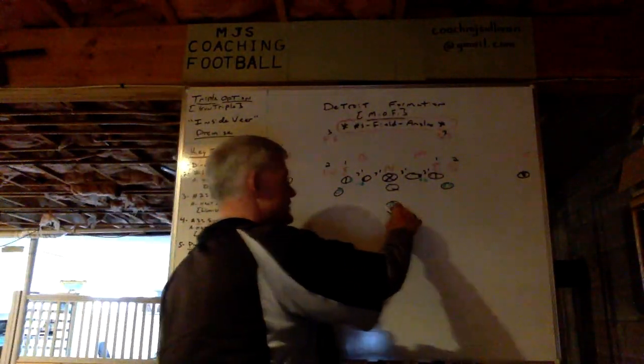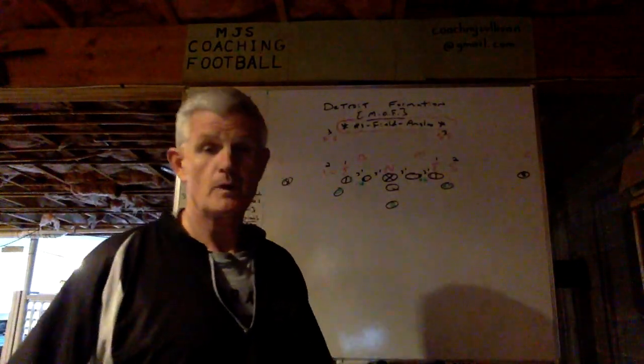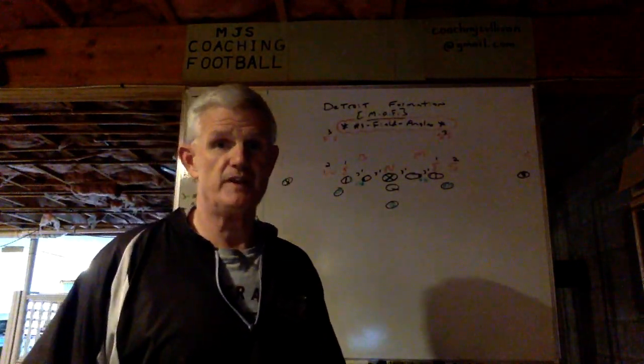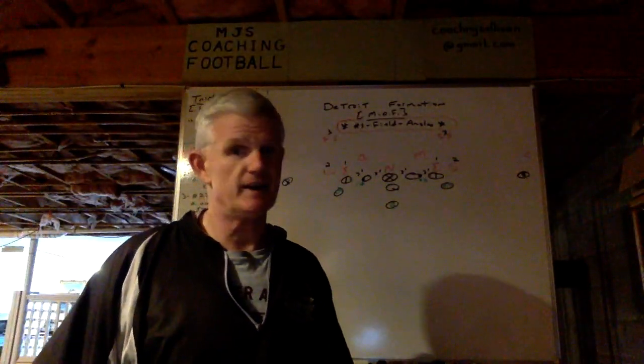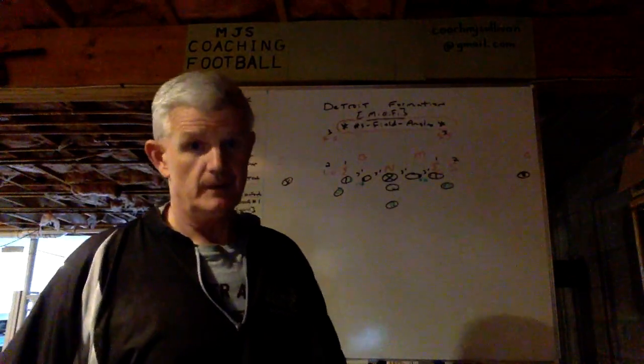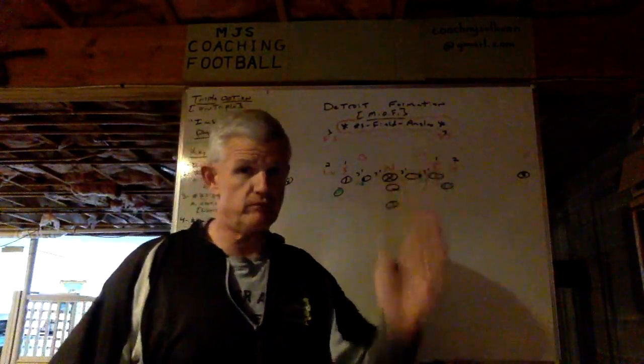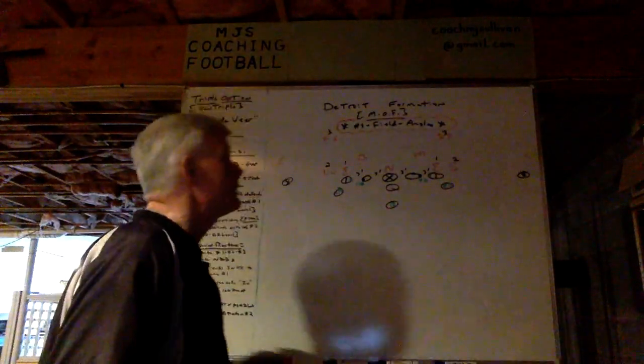The B-back's hand is 2 yards behind the quarterback. He's got a nice compact stance so he can explode out of it. He's got to get to that track, get to that B gap real quick. We do not want it to be slow. It's got to be a fast track, whether it's right or left.